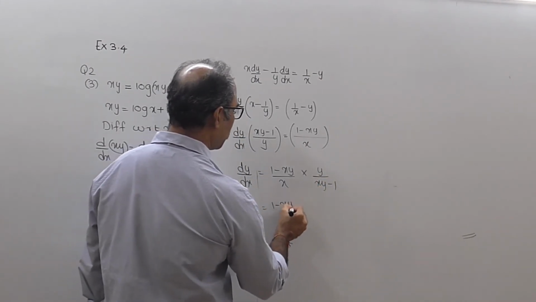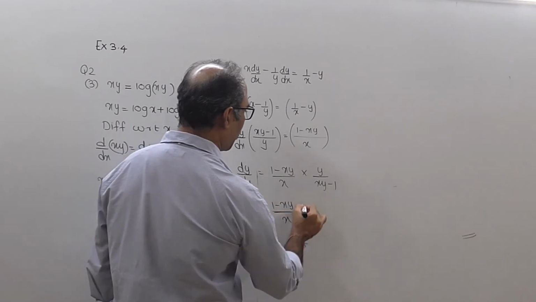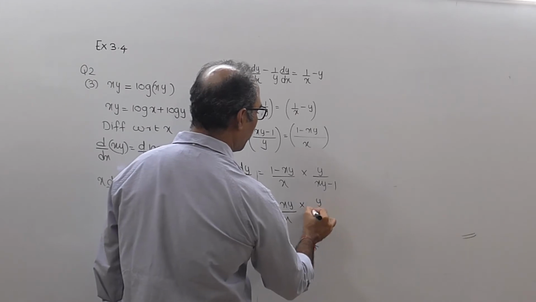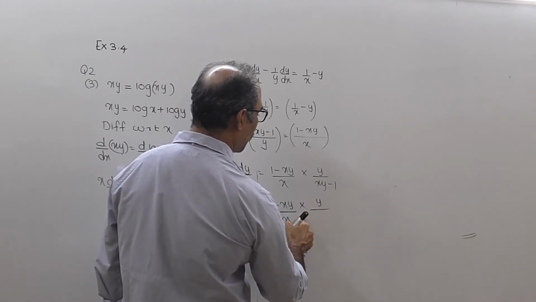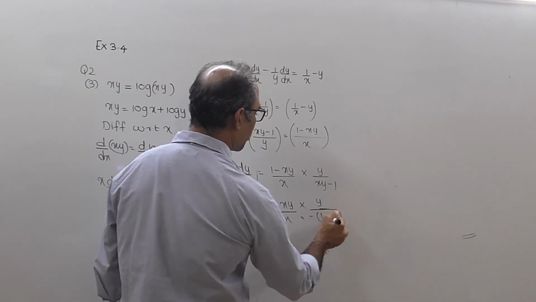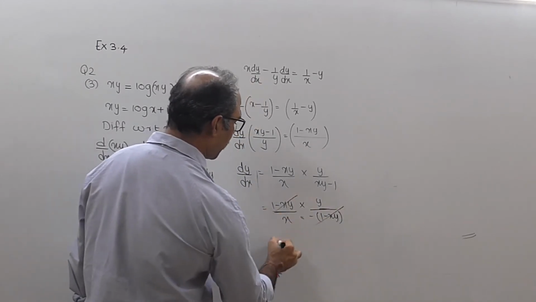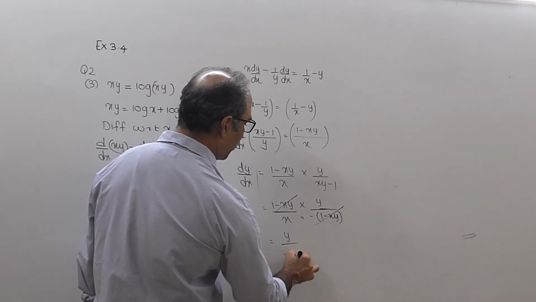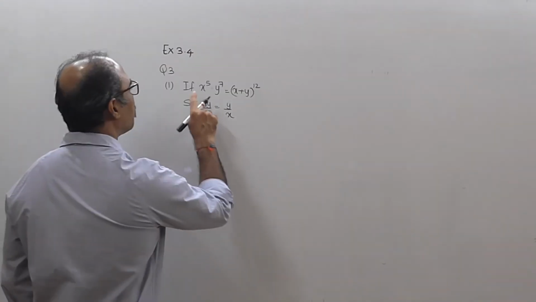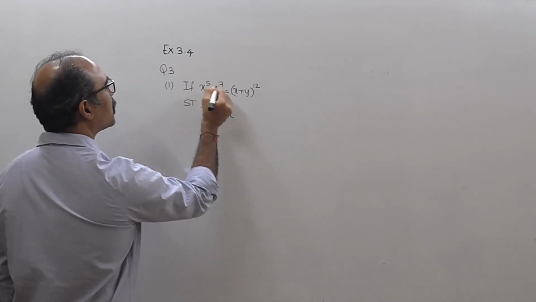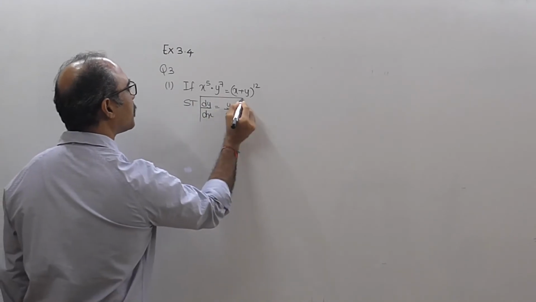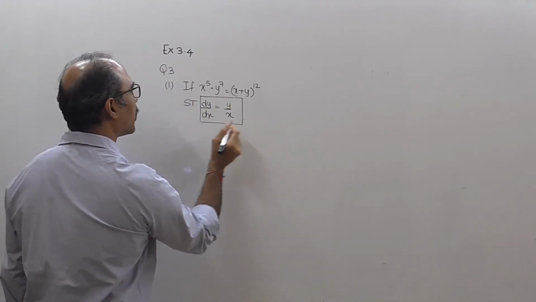I think you can take minus common, so you get this as 1 minus xy. So 1 minus xy, 1 minus xy cut, you get y upon minus x, that is equal to minus y by x. If x raised to 5 into y raised to 7 equal to x plus y raised to 12, you have to show that dy by dx equal to y by x.